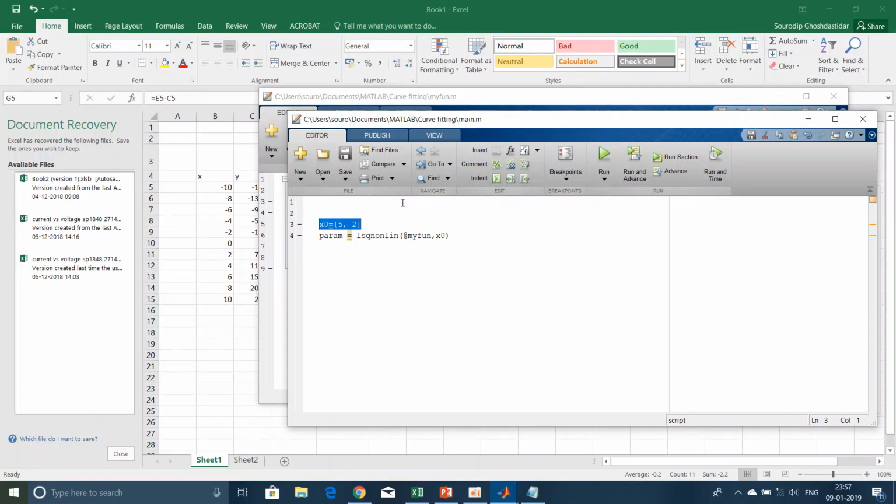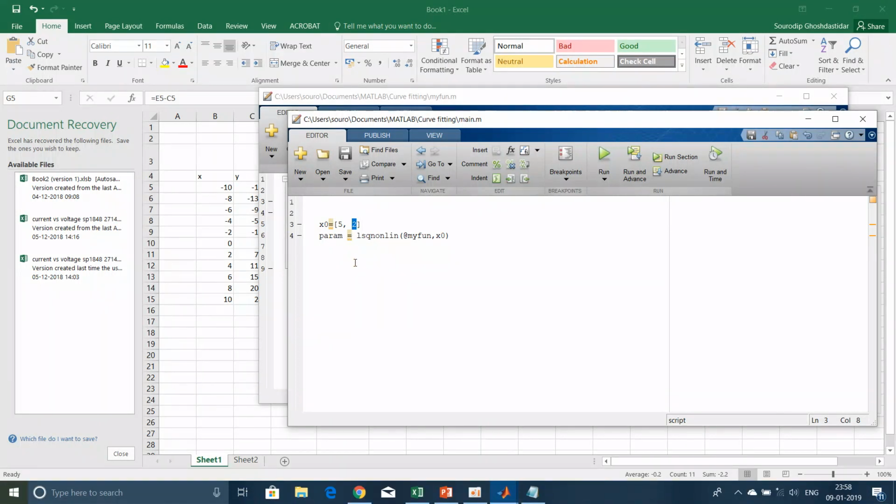So you're telling MATLAB, hey, these are the best values of m and c I could come up with, which I think is close to the actual solution.